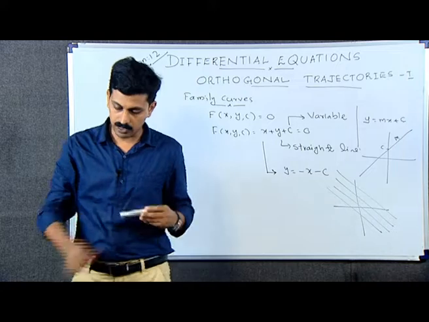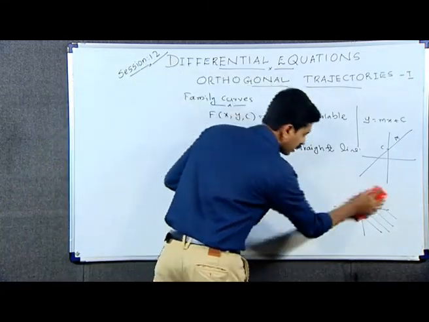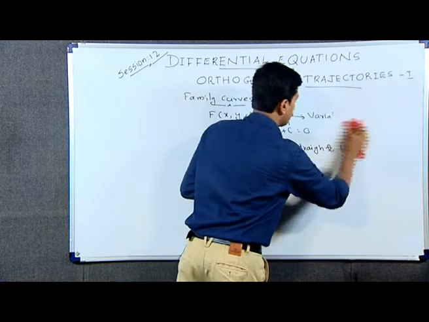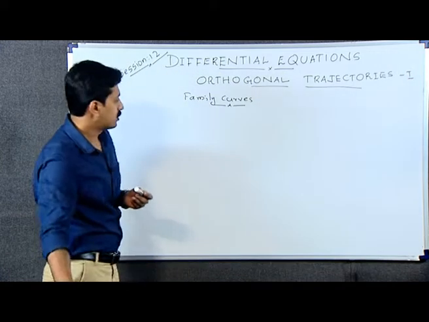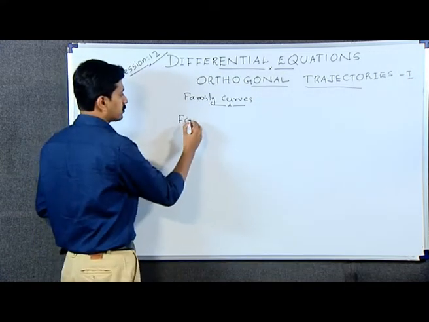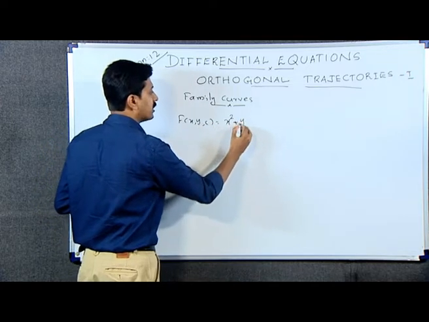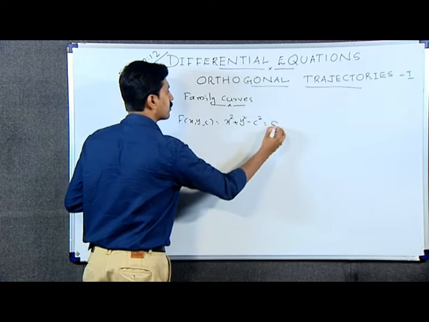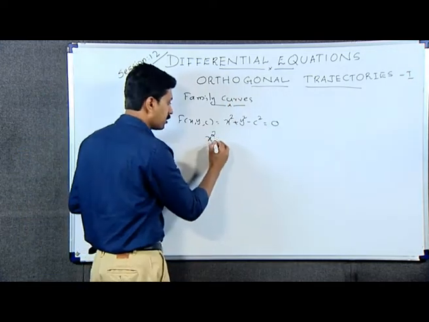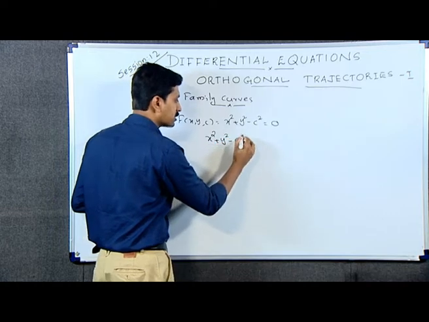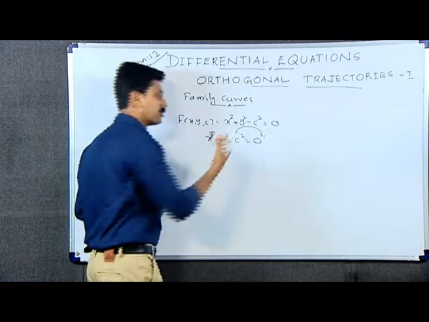While discussing families, we discussed straight lines, and similarly we can have f(x, y, c) = x squared + y squared - c squared = 0.